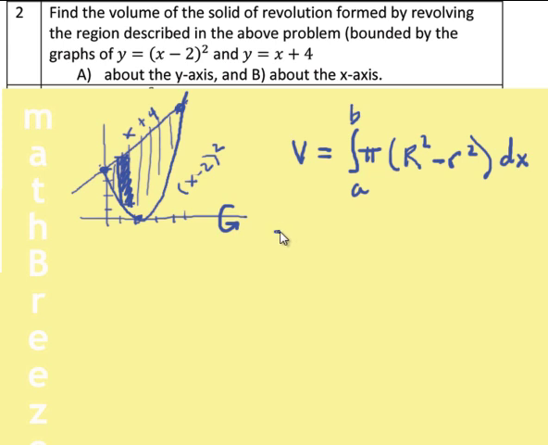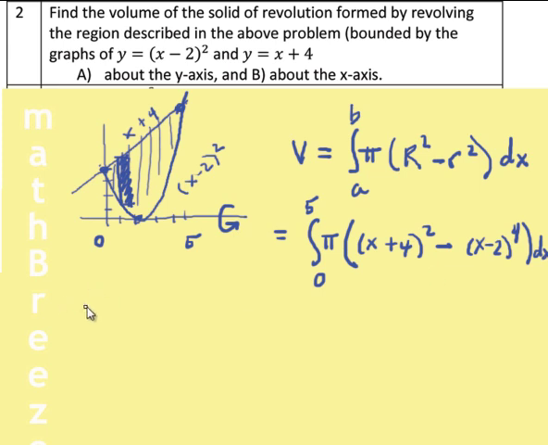So in our case, we have the integral from 0 to 5. The large radius squared, that would be x plus 4 squared, minus the small one, that would be this one. So we'd have x minus 2 squared, so that's to the 4th.